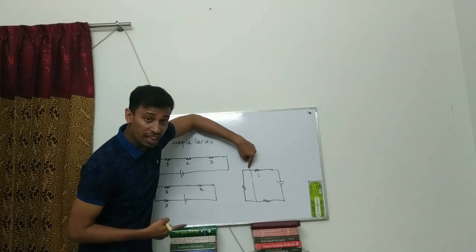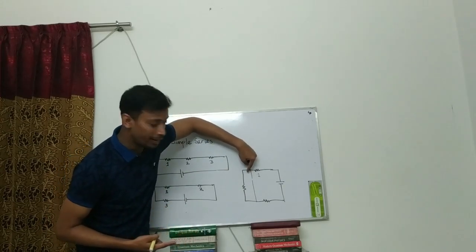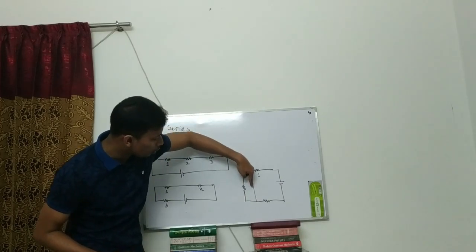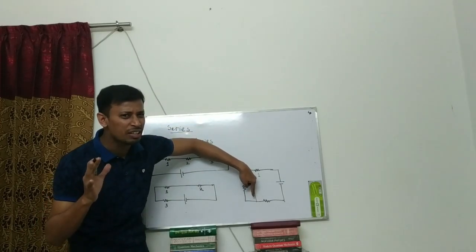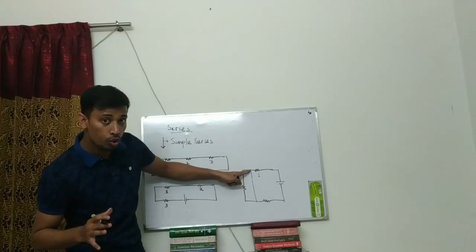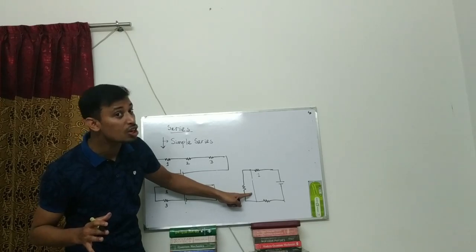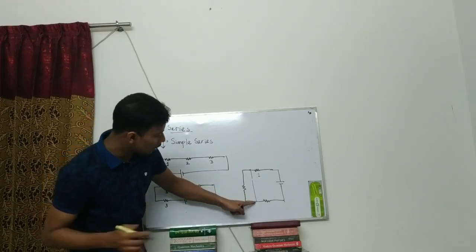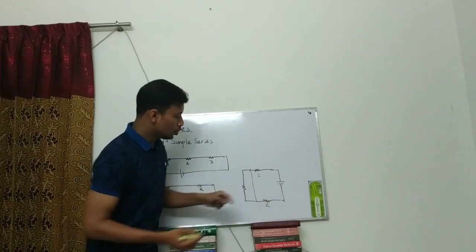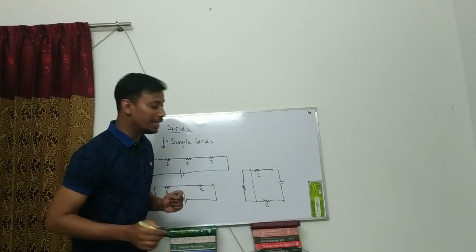When current reaches here, it sees that there are two lines, one moving through the resistance and another with no resistance. So all electrons will move through this resistorless wire, and through 2 it will return back to the cell.